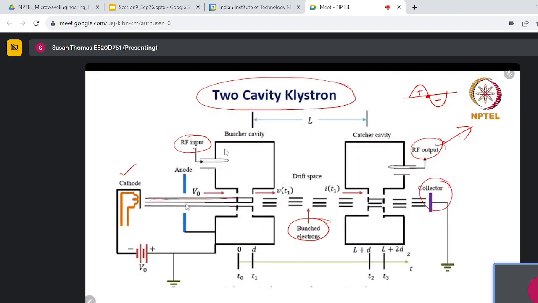But once it leaves the buncher cavity, what happens? Velocity modulation happens here. Based on the cycle of the RF signal, there will be electrons which are accelerated and also decelerated, which will eventually result in bunching of electrons.